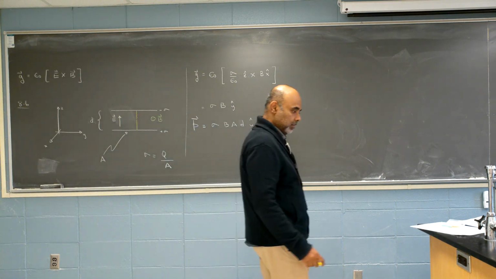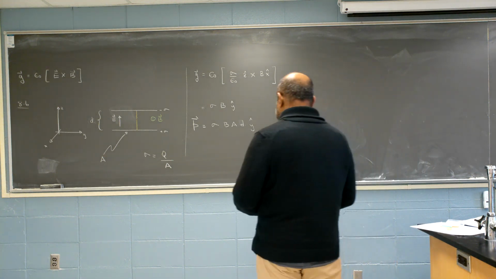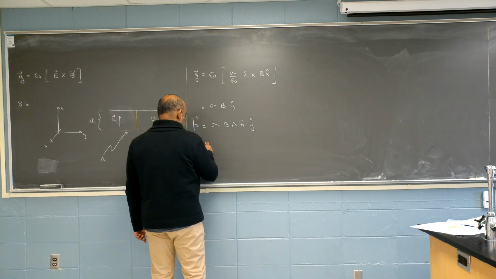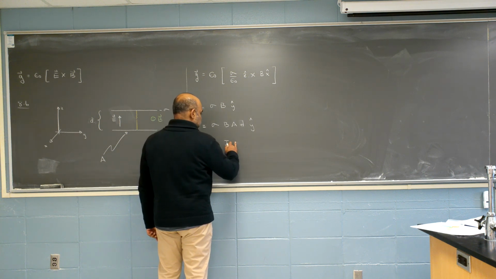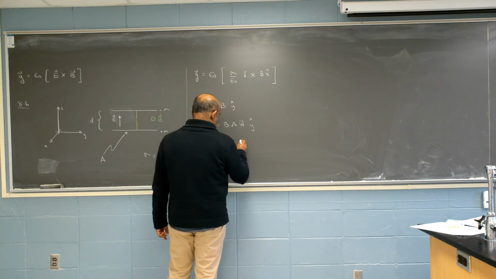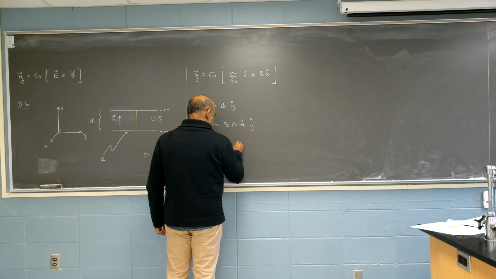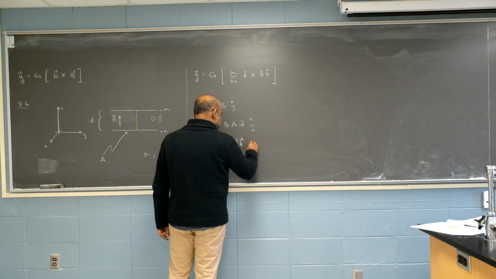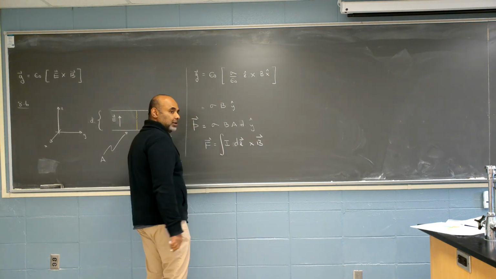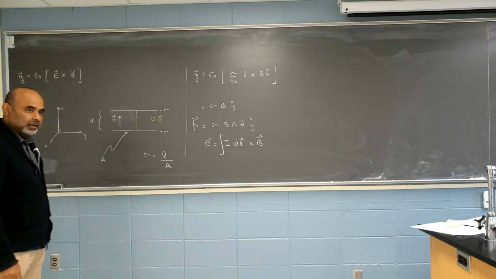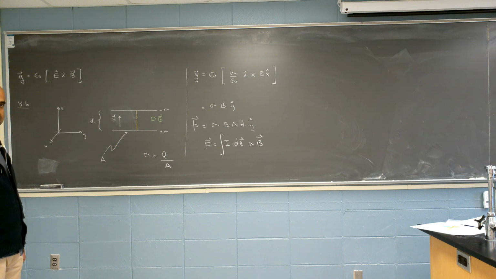So the force on the wire is going to be I dl cross B, integration. Again, there's no integral to be done. All we have to do is find the direction.